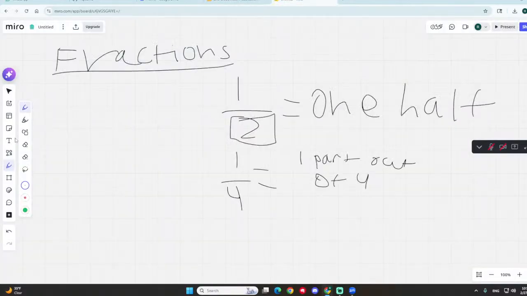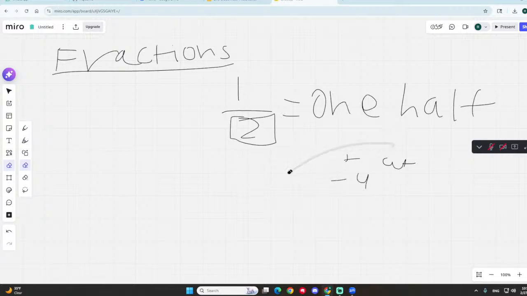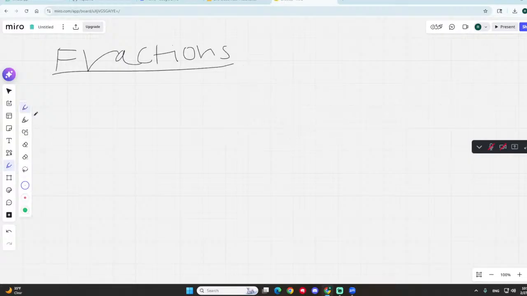So now let's do another exercise to understand how these fractions work. Which is bigger, 1/2 or 1/4? Which is a larger number?